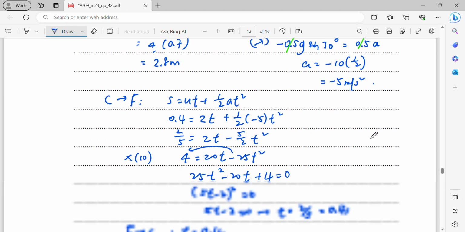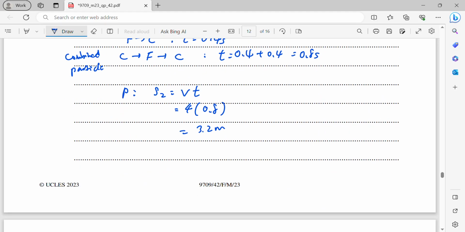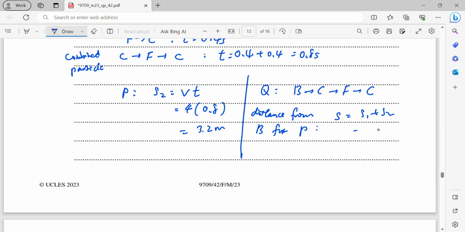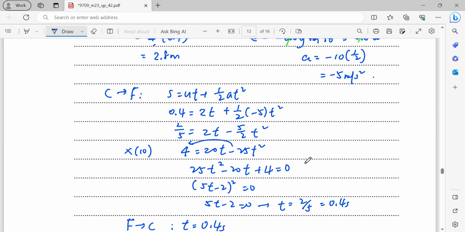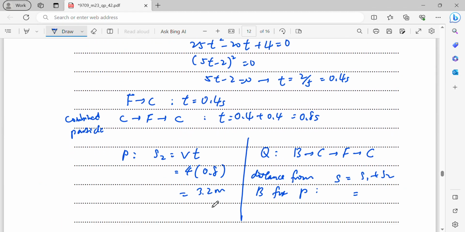So what I need to do here is I refer to particle Q, from B to C, then to F to C. My distance from B for P is S equals S1 plus S2, where S1 equals 2.8 and S2 is 3.2.